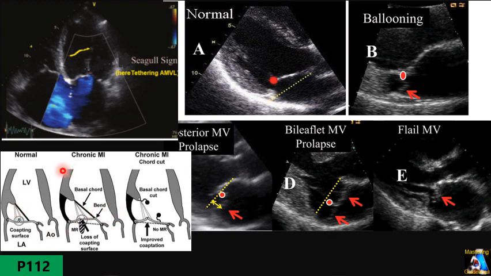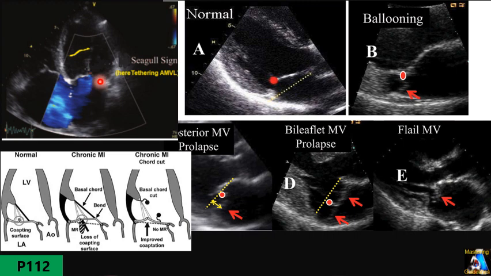In myocardial infarction, especially chronic, it depends on which wall is involved and which chorda tendineae are involved. During systole, the chorda tendineae that are connected pull toward the left ventricle, the center, so it's kind of bulging toward the left ventricle. We call it tethering. This tethering misaligns the coaptation and causes MR.